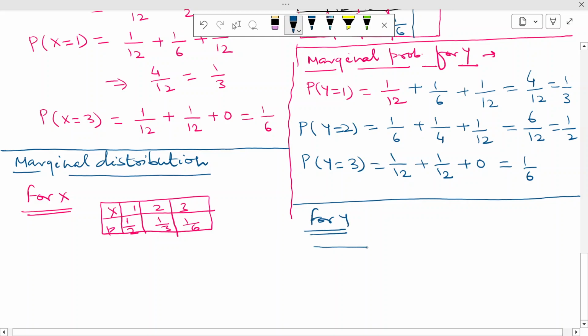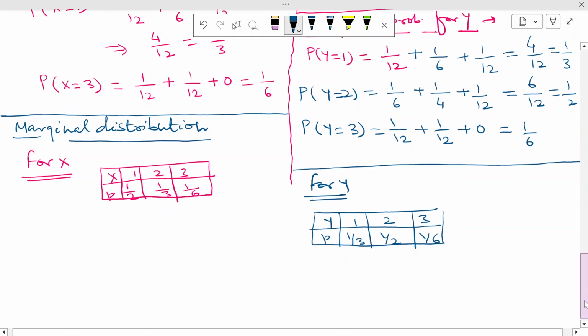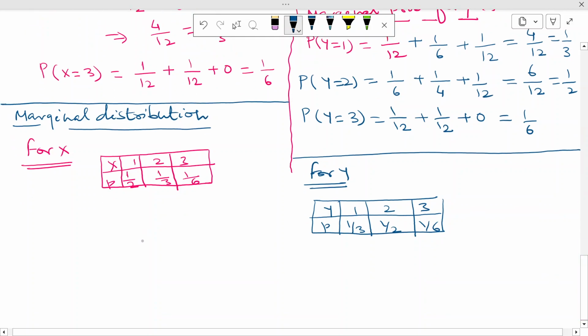Again it is a table similar to the one-dimensional case, and the values of the variable y are the same as those of x, 1, 2 and 3, and the probabilities are 1 by 3, 1 by 2 and 1 by 6. So this is how we can obtain the marginal distribution for the random variables x and y.